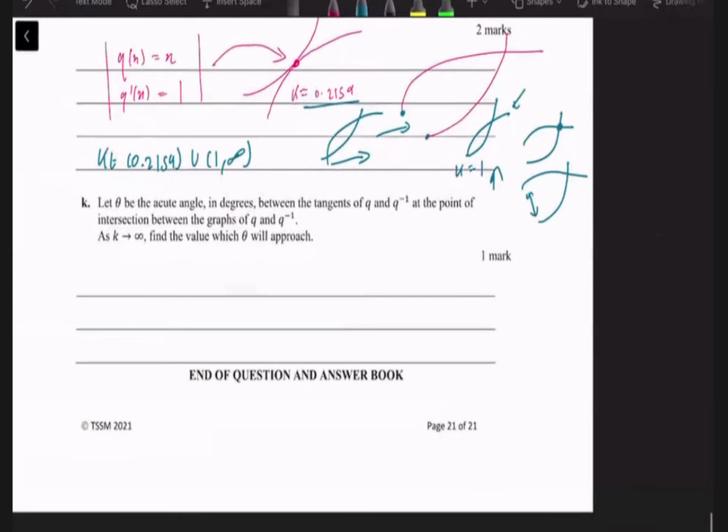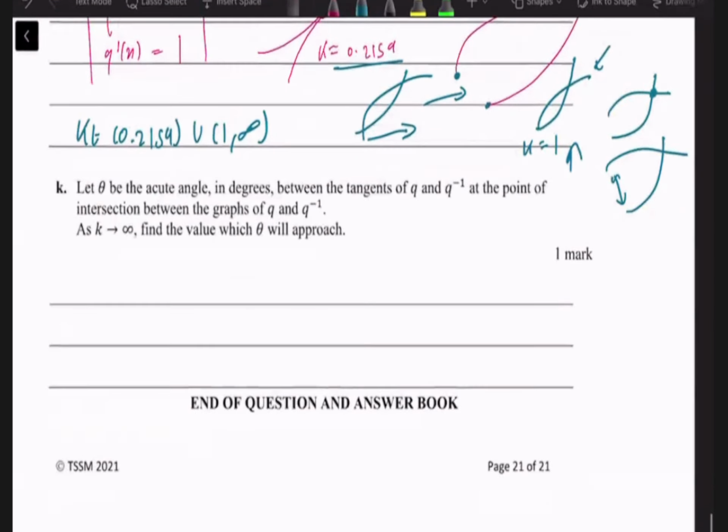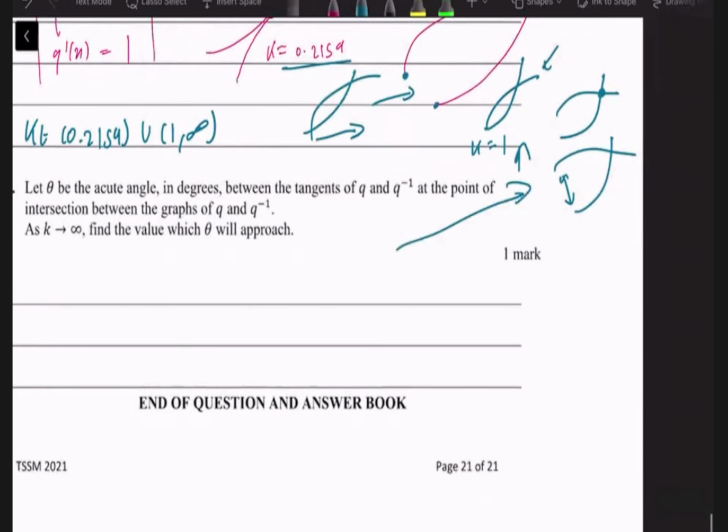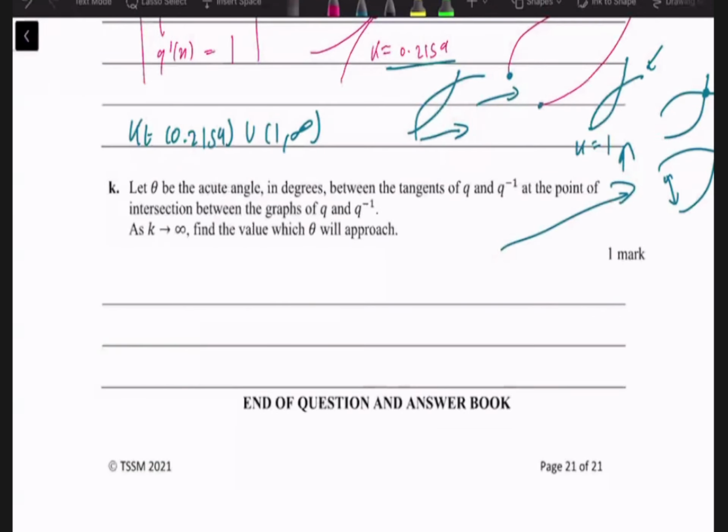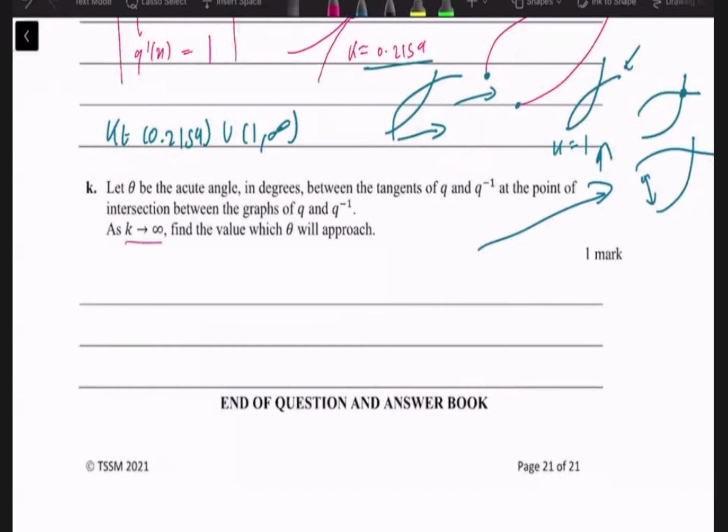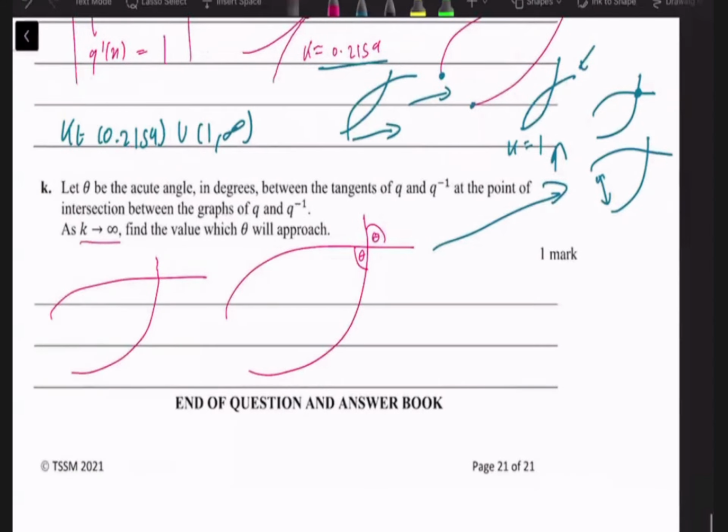I guess I'll explain k as well. So k is related to this situation. As you can see, when k increases, the graphs keep getting wider and wider. Basically it's asking, as k increases, what angle will this become? You can clearly see it's going to become 90 degrees, because the graph here has an increasing gradient, so it's going like this.